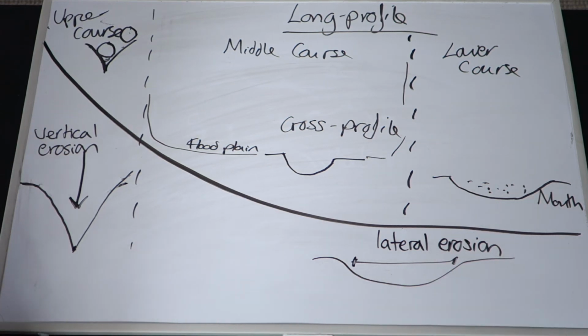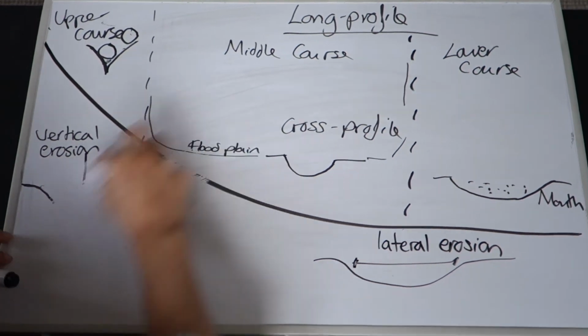Whereas in the lower course, the water looks really smooth, and you can barely tell it's moving just by looking at it, unless you look really closely. But actually, the water in rivers travels much quicker in the lower course than it does in the upper course. Let's look at why that is.